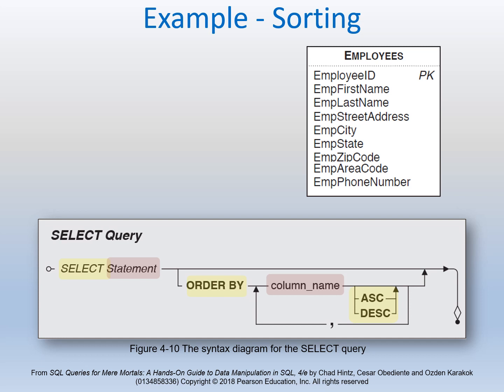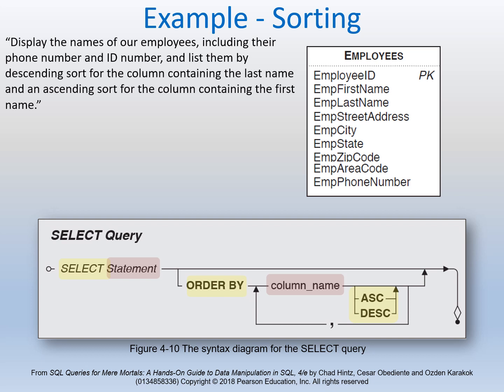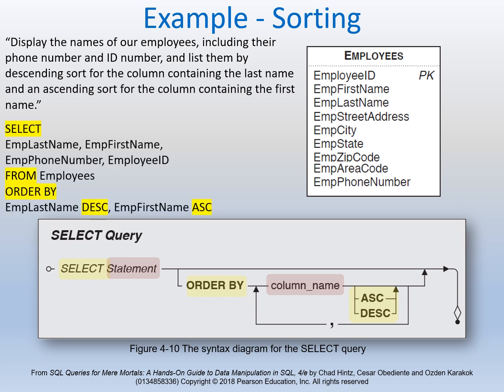Let's look at an example of a query on the employees table that retrieves data in a specified order. The request is, display the names of our employees, including their phone number and ID number, and list them by descending sort for the column containing the last name and ascending order by the column containing the first name.